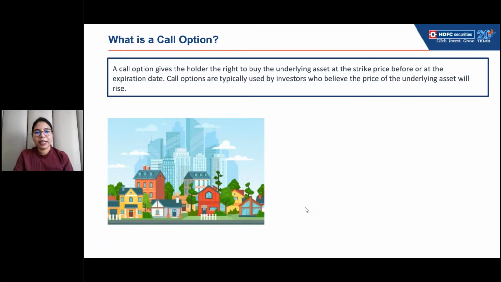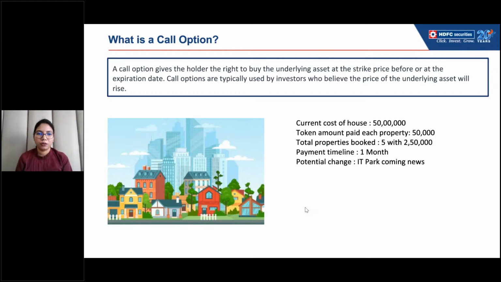So you want to take the advantage of this news, right? But you do not have, अभी average price इस particular area में चल रहा है 50 लाख का per property, okay? You do not have that money. You only have 2,50,000. आपके पास बस 2.5 लाख है. बस 2.5 लाख यूज करके आपको इस न्यूज से एडवांटेज लेना है. What will you do?